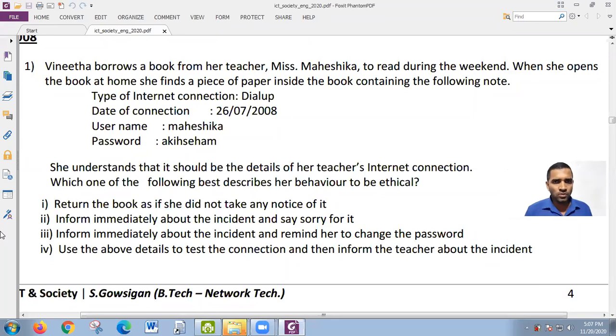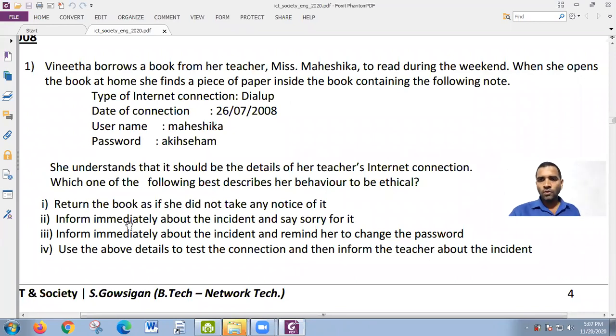That is not an ethical way, because this student Vinida has actually seen such information. Hiding that she has seen it is not good. According to this statement, Vinida has hidden that particular incident and returned the book. This is not ethical. This is unethical, right?